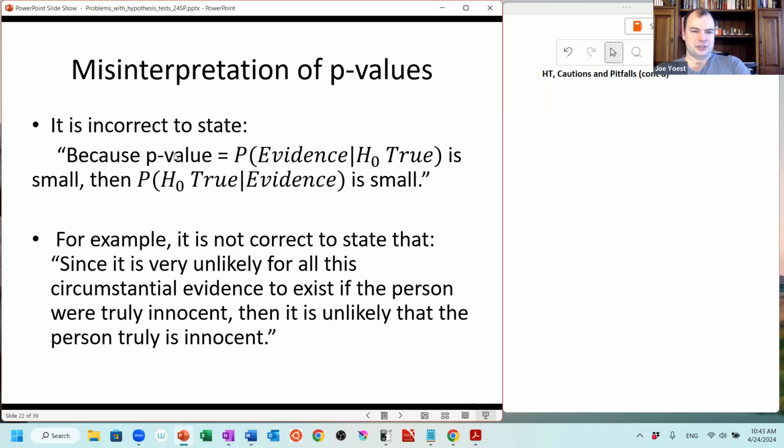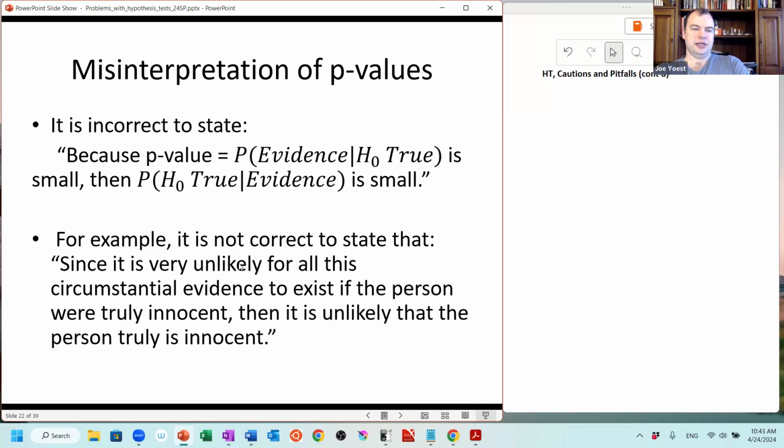So it's incorrect to say that because the p-value is small, it's unlikely the null is true. It's incorrect to say that because the probability of evidence given H0 is true is small, the probability H0 is true given evidence is also small. When we flip the condition, as we saw in the Bayes section, we can get very unintuitive results.